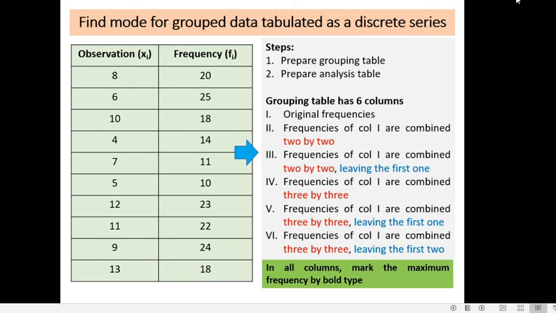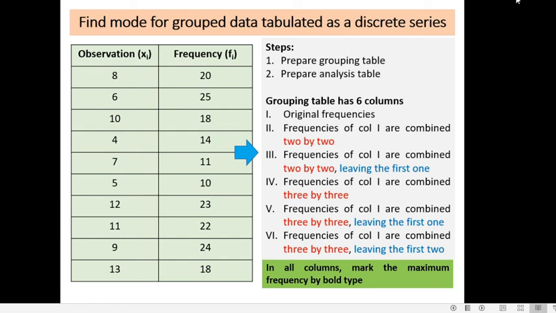Now column 3. In column 3, the frequencies of column 1 are combined 2 by 2, but we leave the first one. That is 25 plus 18, 14 plus 11, 10 plus 23, like that. Now in column 4, we will combine the frequencies of column 1 in 3 by 3, that is, 3 observations followed by 3 observations.